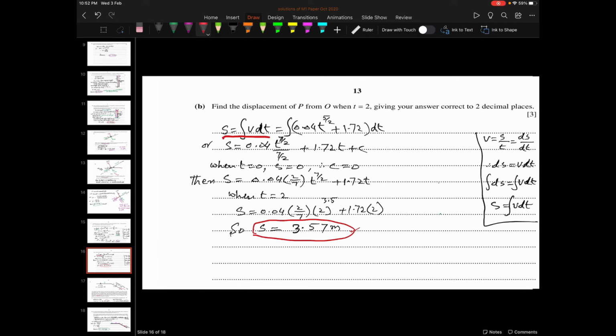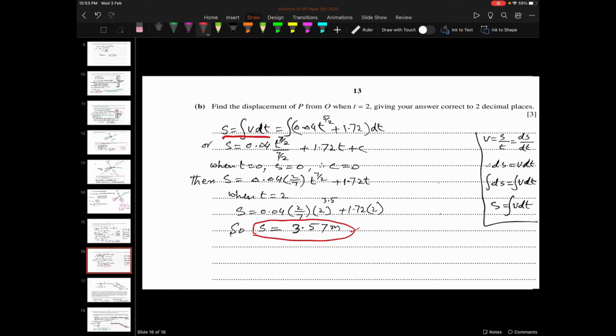When t is equal to 0, S is 0, therefore c is also 0. Then S is equal to 0.04 multiplied by 2 upon 7 multiplied by t to the power 7 over 2 plus 1.72 t.